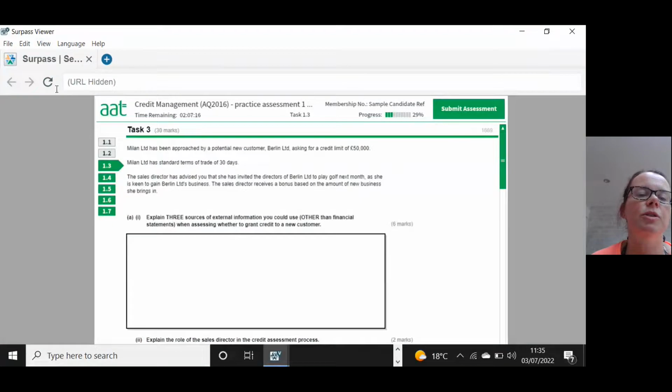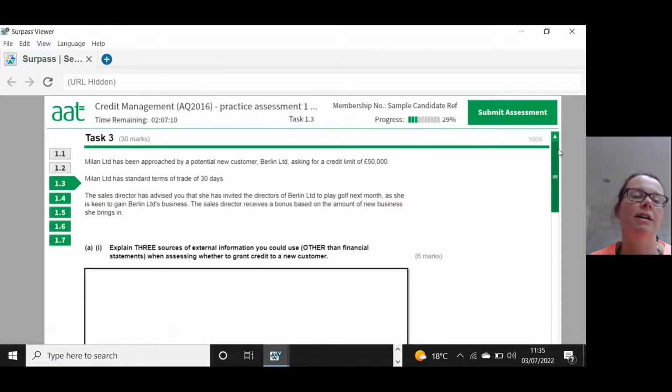Right, we then come to task 3. So 30 marks, and this is your first of 2 written questions. So Milan Limited has been approached by a potential new customer, Berlin Limited, asking for a credit limit of £50,000. Milan has standard terms of trade of 30 days.